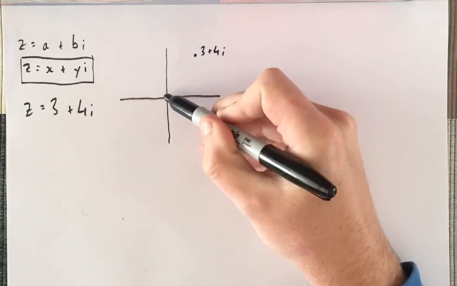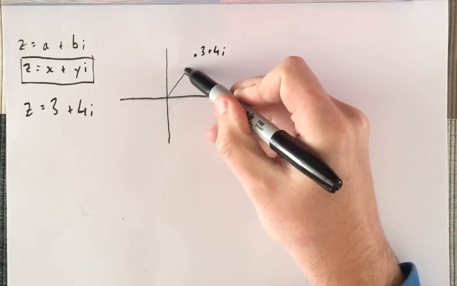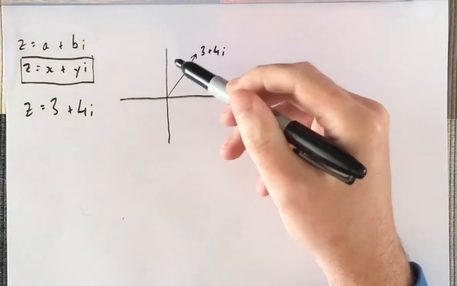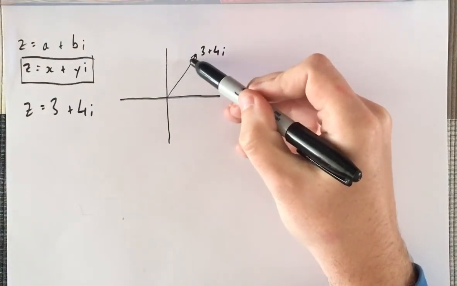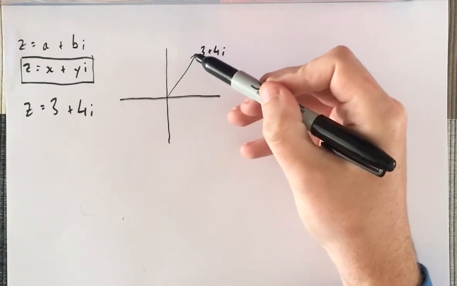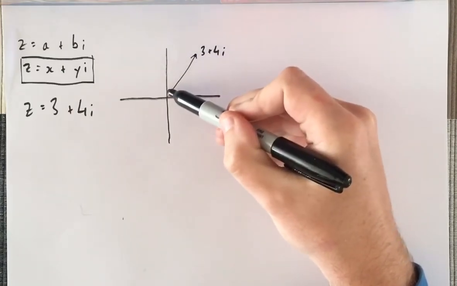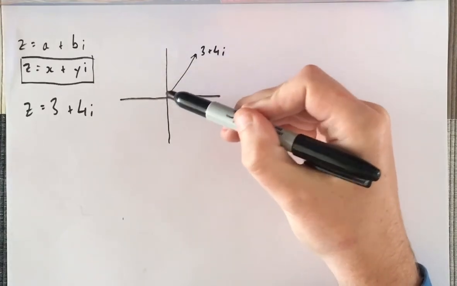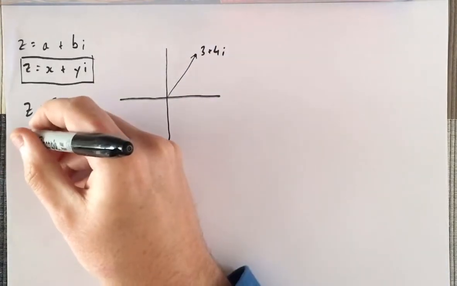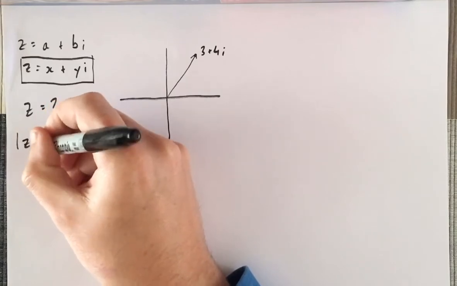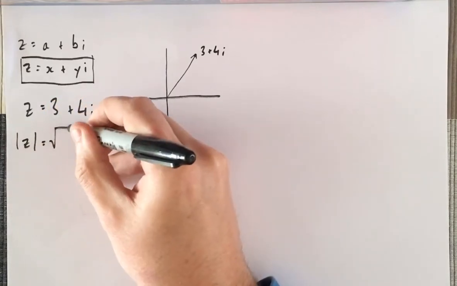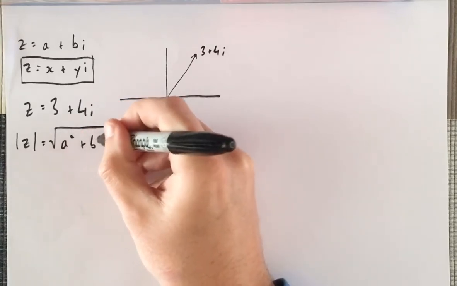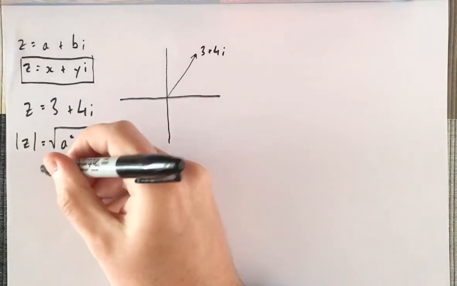Well, what if we just went directly out from the origin? So the question then would be how far we go out and in what direction. Well, how far we go out is something we've done already. That's the modulus. Okay, so the modulus is the square root of a squared plus b squared, or x squared plus y squared.